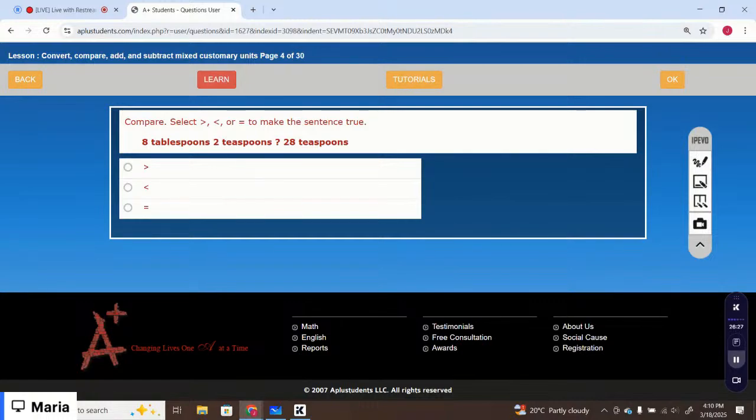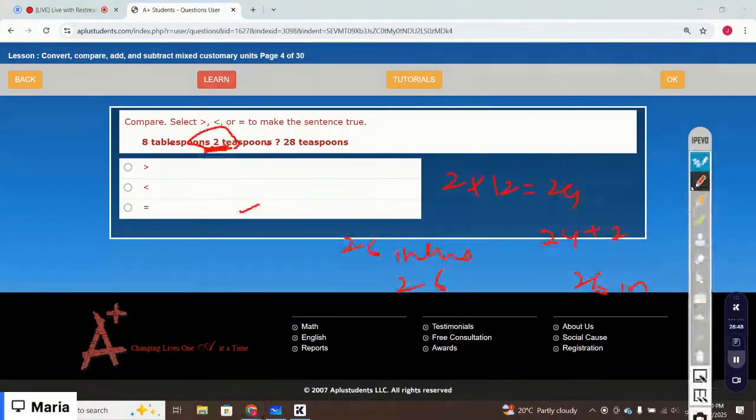8 tablespoons 2 teaspoons compared with 28 teaspoons. So you have to convert from tablespoons to teaspoons. 1 tablespoon equals 3 teaspoons, right?